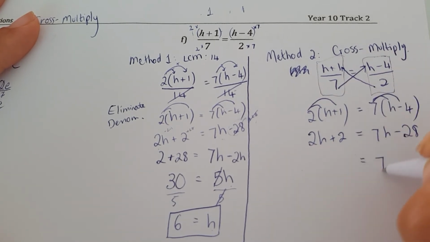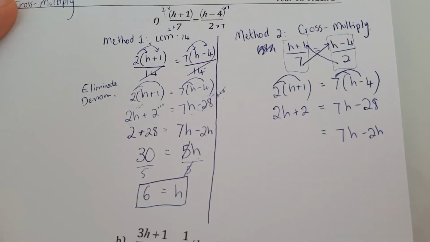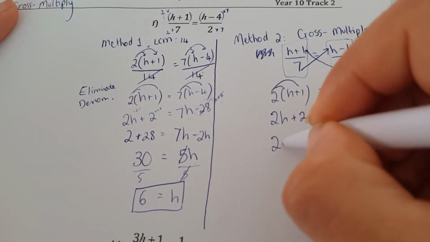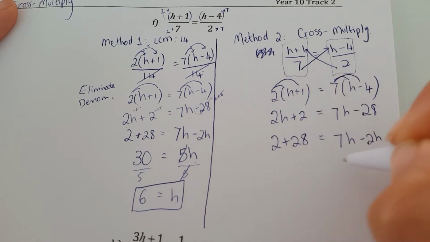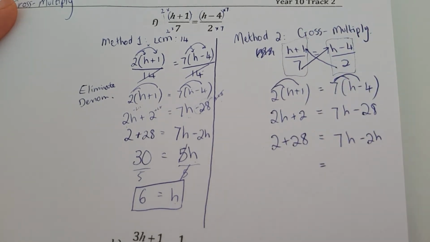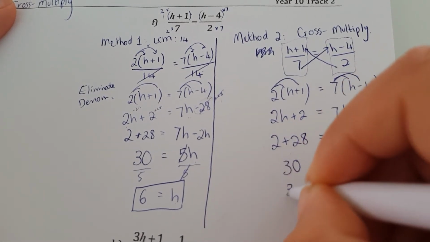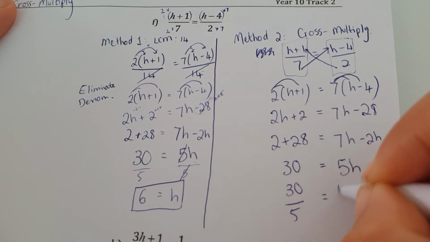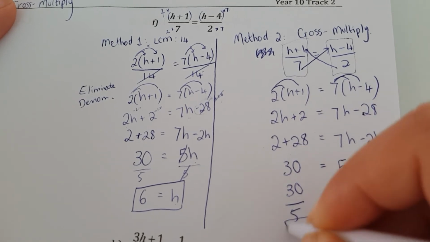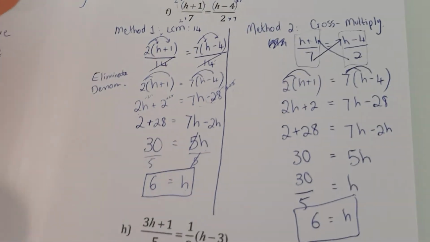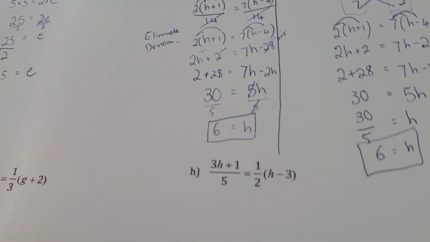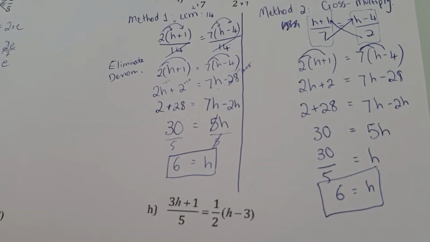And I continue the same way I did before to make h the subject of the formula. Don't forget to change the sign if you're changing the side of the equal. 5h, and that's the same thing. So 6 is h. I hope you got that correct. It wasn't that difficult. We're going to go a step further now.